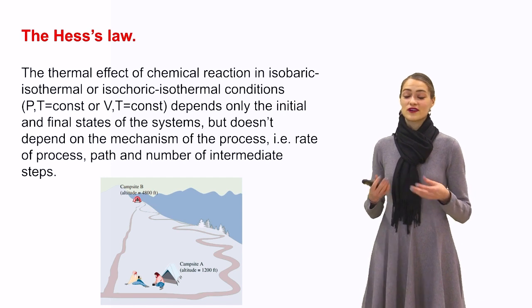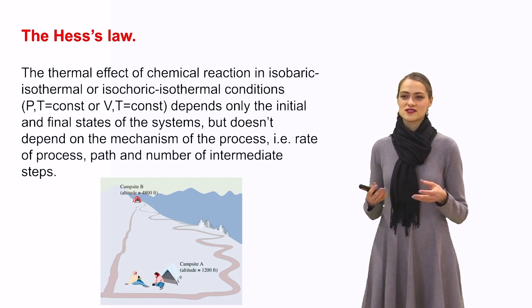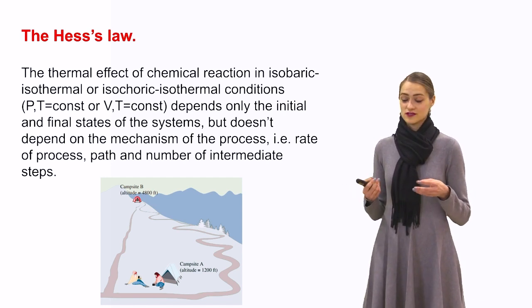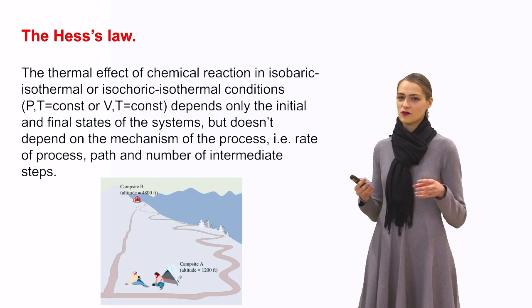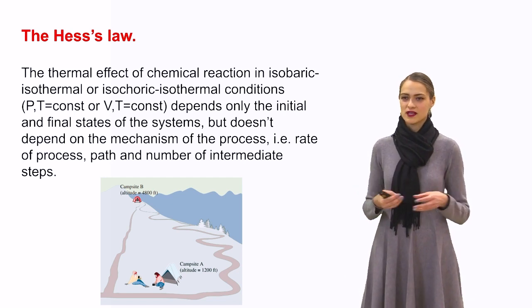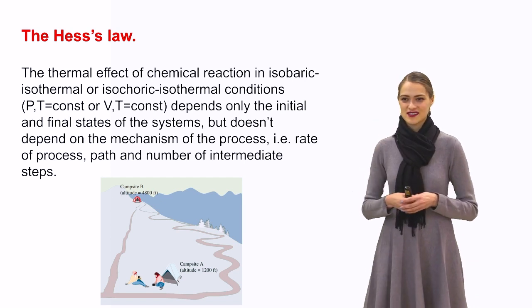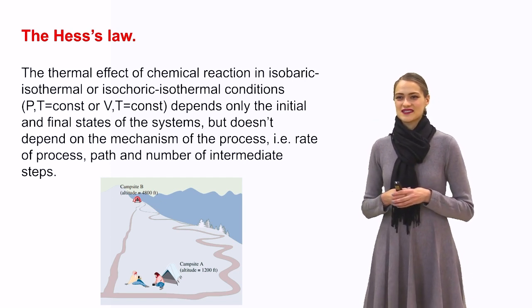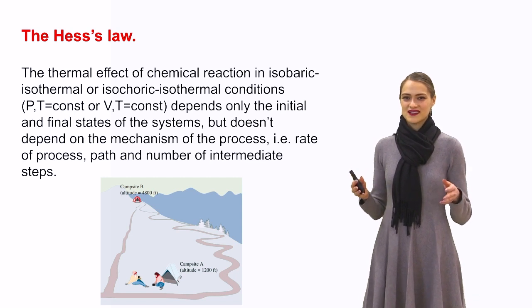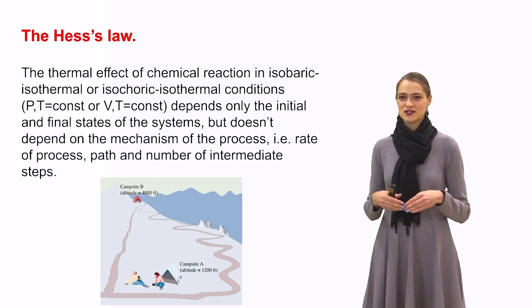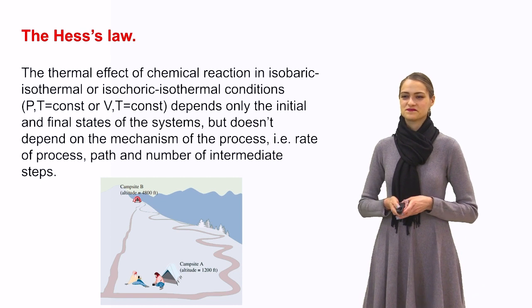And for us, it's not important which way we use. For thermal effect, it's not important how many steps we make in this reaction. We just need to reach this altitude. We just need to know initial point and final point.